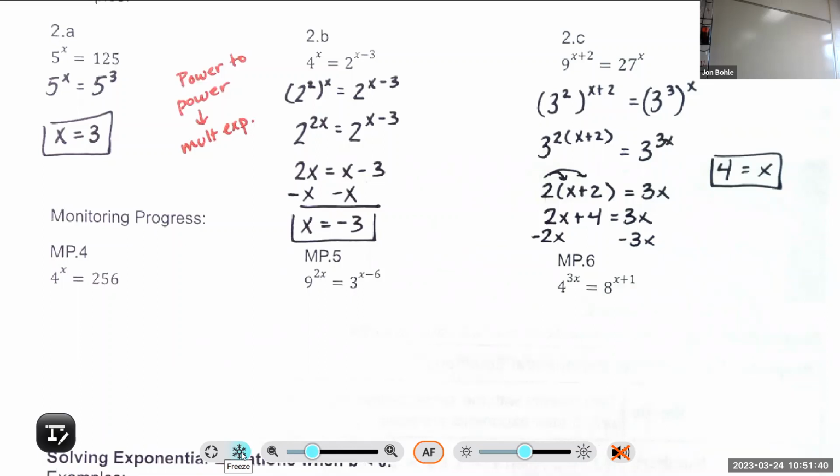What's it say in red up there? Power to power. Yeah, to put the 3 to the second power.